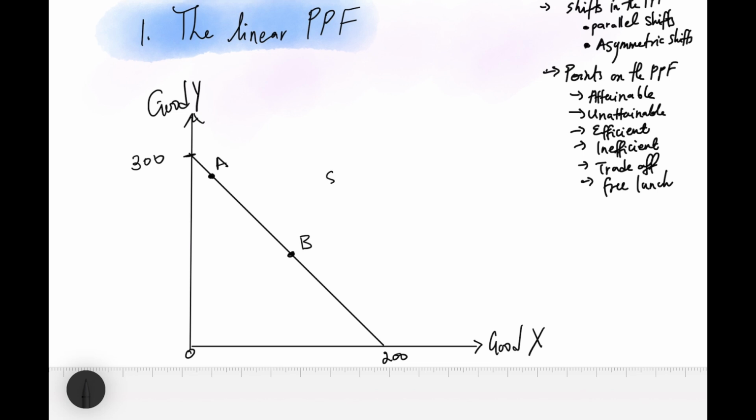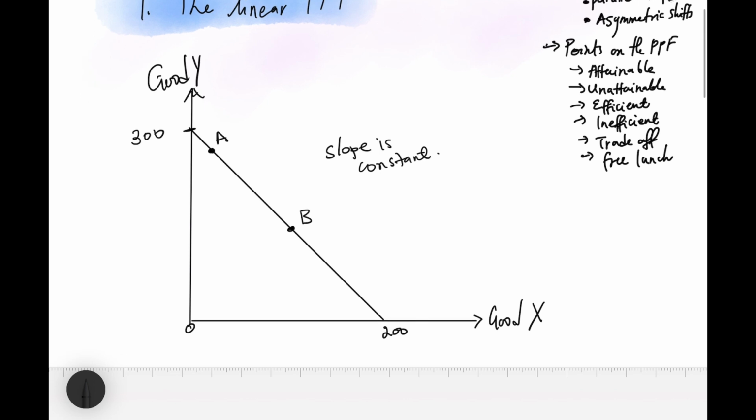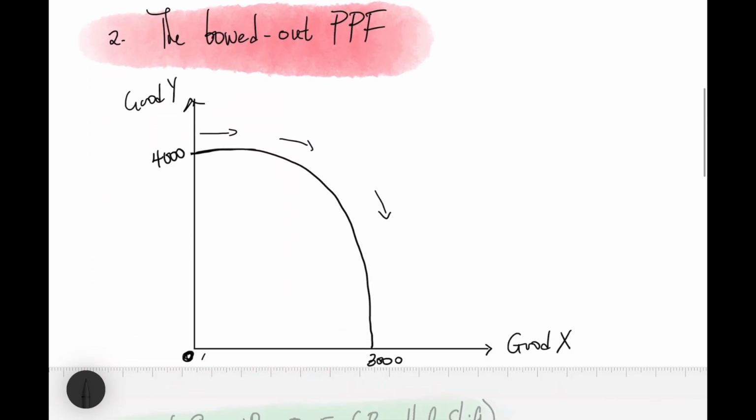So slope here is constant. Now, when you look at the bowed-out PPF, you can sort of guess, when I talked about how to draw it, what the slopes will be.